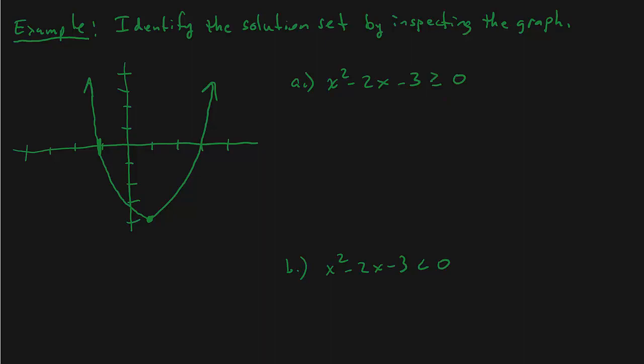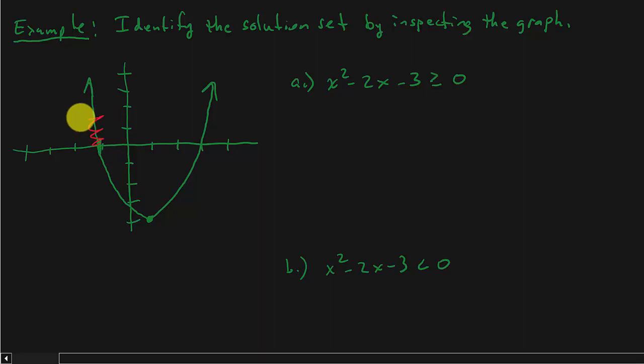Well, look. Isn't it positive here and positive here? See that? The graph is above the x-axis. It's positive. When are the y values positive? Well, let me go ahead and write this. That's -1, and that's 3. So this is going to be -infinity to -1.